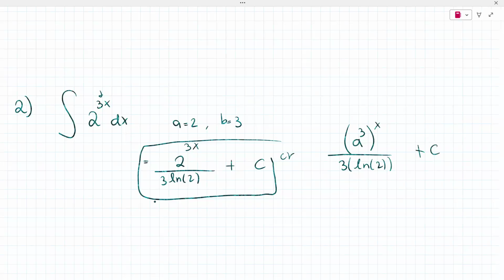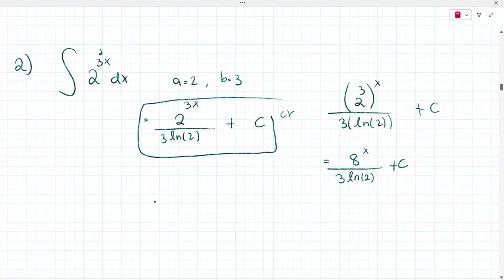And what can we do? Whoops, our a is 2, so this should be 2. Okay, and then we know that 2 to the third is 8. And then on the bottom, it's just 3 ln of 2 plus c.